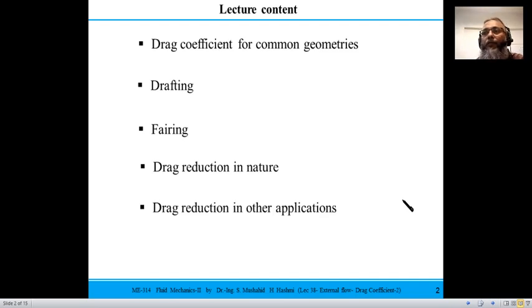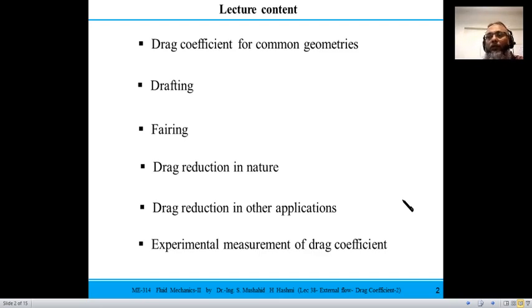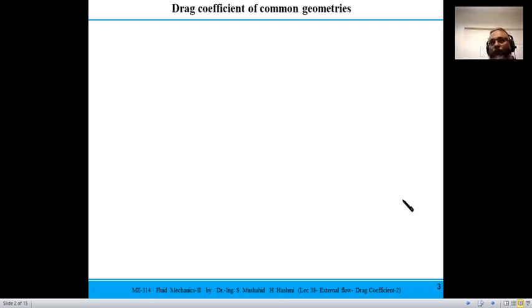And then we will go into the applications for which drag reduction is possible, and we will look into how the drag coefficient, or rather the drag force, is actually measured through experiments.